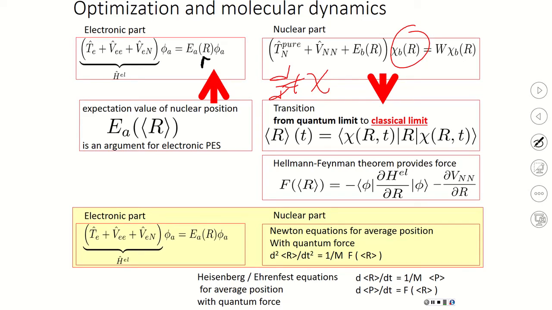The time derivative of position depends on momentum, and the time change of momentum depends on force, right? As soon as we arrive at this equation, we will celebrate completion of the meeting.